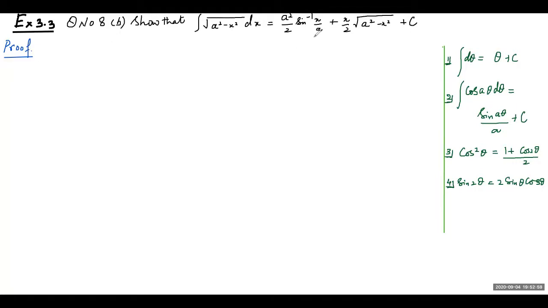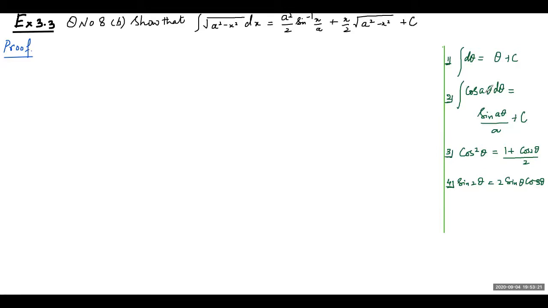To prove this result, we are going to use these integrals. Let's revise these. Integral of d theta equals theta plus c. Integral of cos a theta d theta becomes sine of a theta divided by a plus a constant of integration.